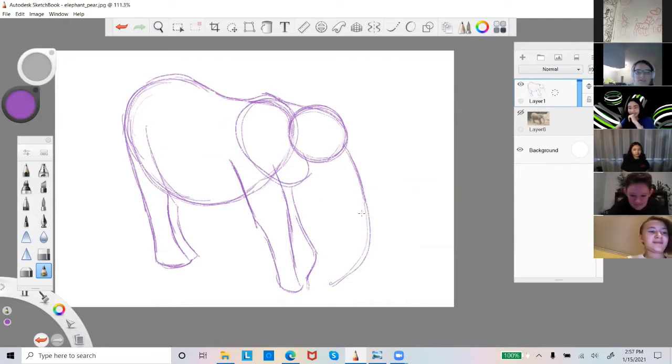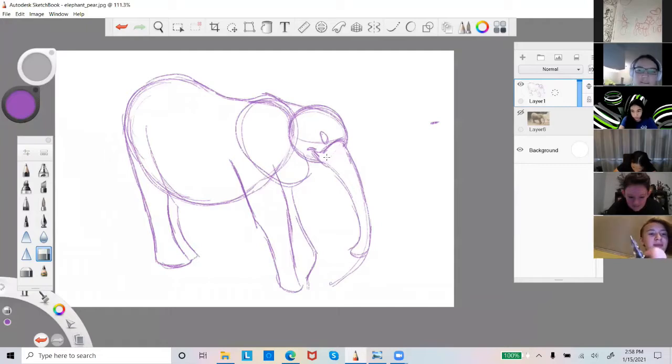It's the gesture of an elephant. I can make him more of a cartoony elephant. Shorten the trunk. You know, whatever.